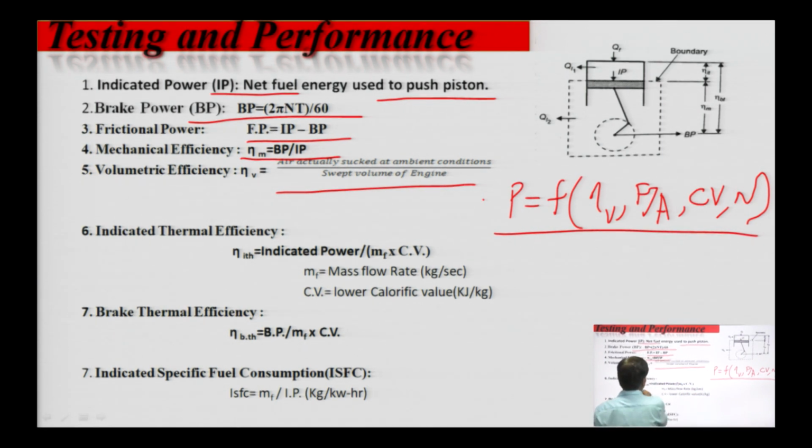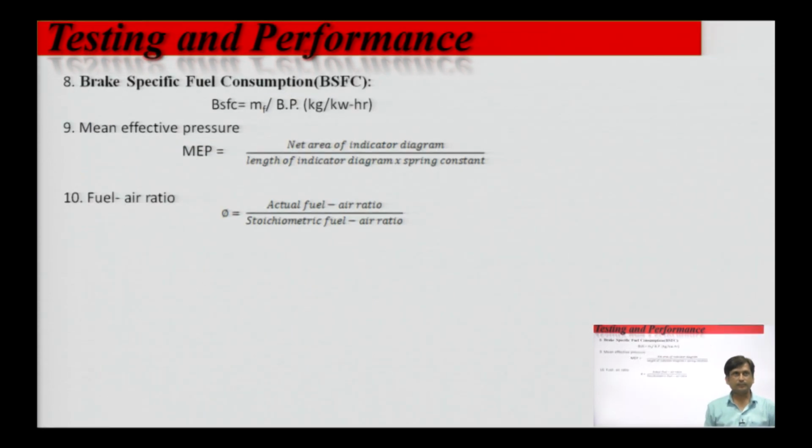So, the indicated efficiency we have already discussed: indicated power upon MF into CV. Brake thermal efficiency is brake power upon MF into CV. Indicated specific fuel consumption is the fuel consumed per unit power developed. Similarly, brake specific fuel consumption is fuel consumed per unit brake power developed.